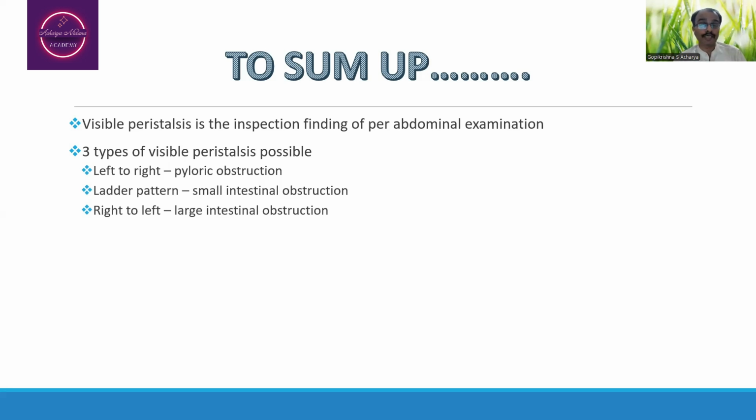And if you are observing the ladder pattern in the abdomen, around the umbilical region, then we are going to say that there is a small intestinal obstruction. And if you are observing the peristaltic movement from right to left, that indicates large intestinal obstruction.